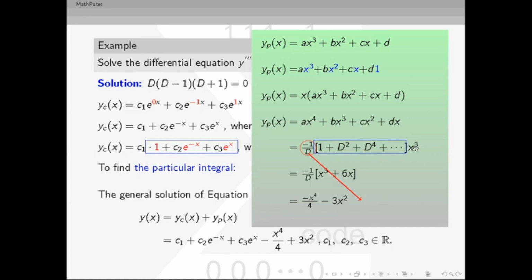So the integration is x raised to 4 upon 4. Then into 1, the second derivative of x raised to 4 upon 4 and the fourth derivative of x raised to 4 upon 4 give us this. So this is the solution when we applied this first, and this is the solution when we applied that first. So the difference is here, the constant.